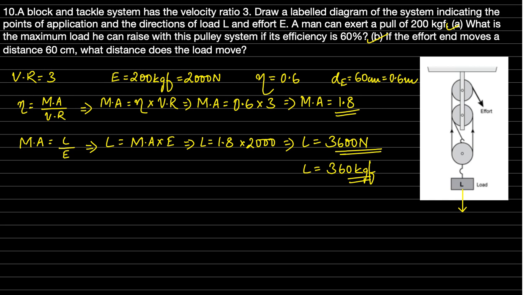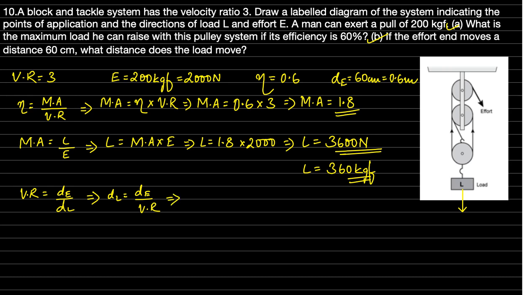So for doing this question, we will be using the velocity ratio formula, which happens to be dE by dL, dE divided by dL. So I just substitute the values. Velocity ratio we have got it as 3. So we need to find the value of dL. So dL will be equal to dE divided by velocity ratio.